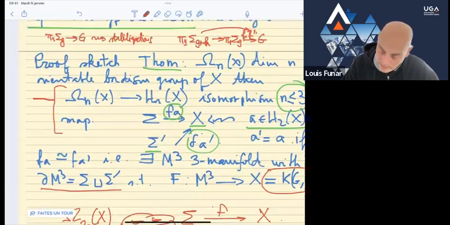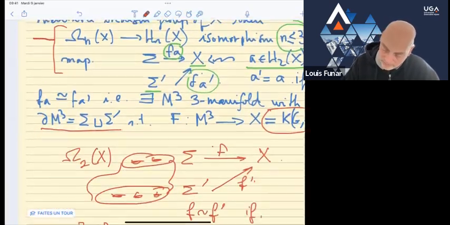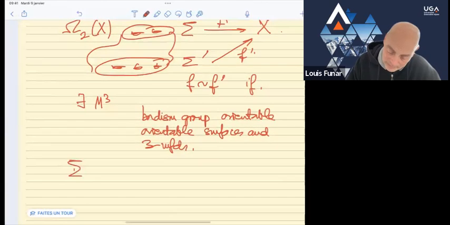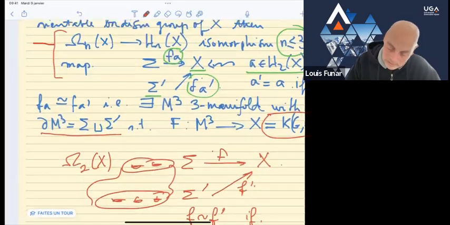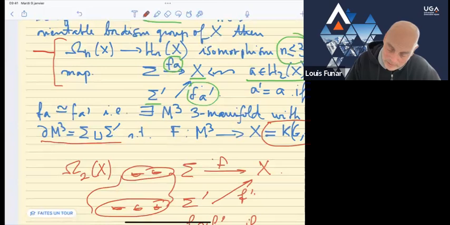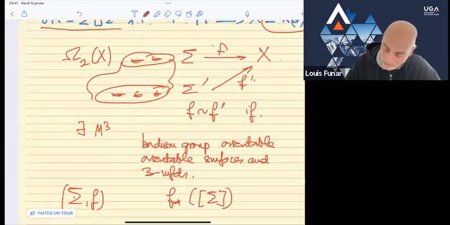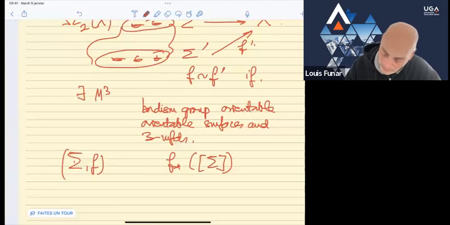And the key point is that for every class like that, sigma F, you have F star of the class of sigma. It's just this map here, precisely constructed by the same idea as the Schur class.